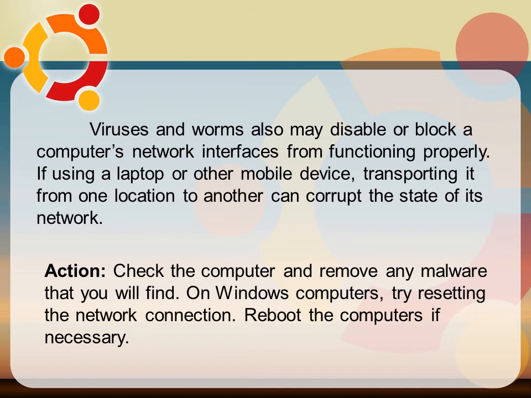Viruses and worms also may disable or block a computer's network interfaces from functioning properly. If using a laptop or other mobile device, transporting it from one location to another can corrupt the state of its network. So what action will you do? Check the computer and remove any malware that you find on Windows computers. Try resetting the network connection, then reboot the computer if necessary.